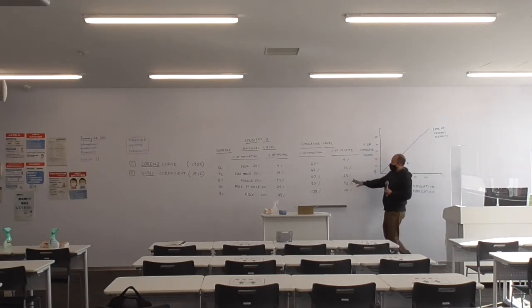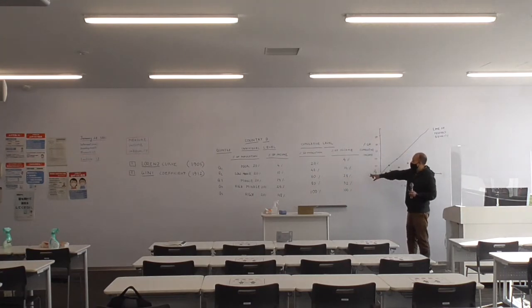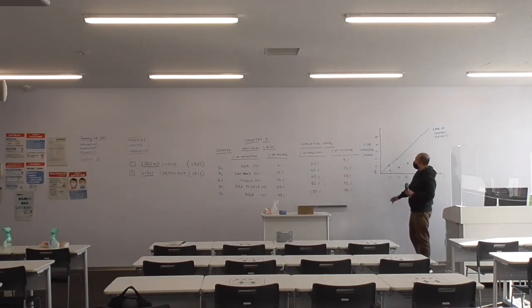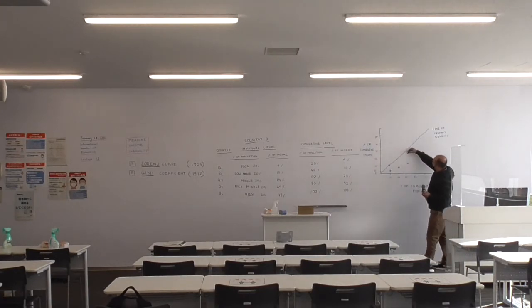So 60% of people have 28% of the total income of the country. And gradually we'll also draw 80% of people having 52%. So 52% should be somewhere in this range, right? 40 to 60. And this is the 80% of the population. So let's say this point is somewhere here.